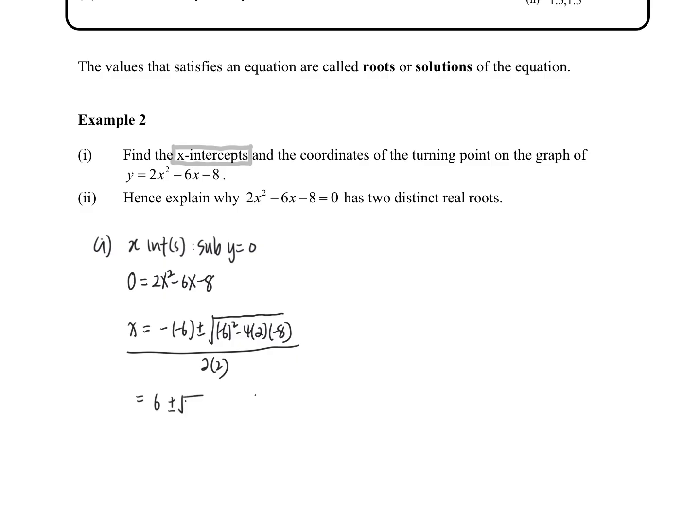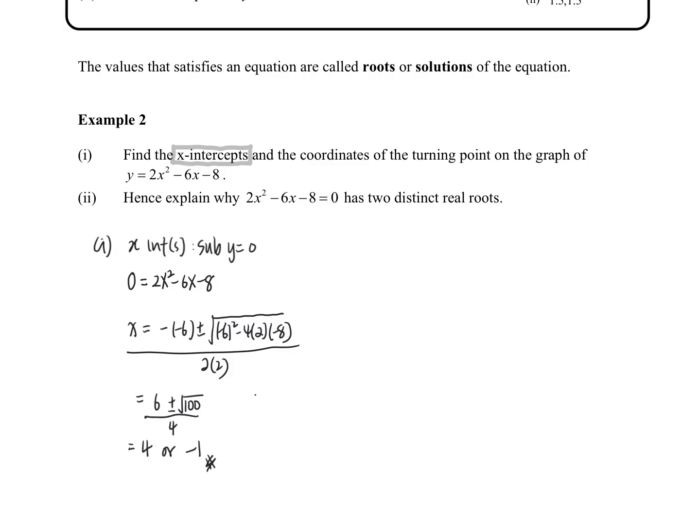So you will get square root 100. So you will end up having 6 plus 10, 16 divided by 4, so 4. Or what's the other one? Negative 1. Can you check? If it's wrong, tell me.